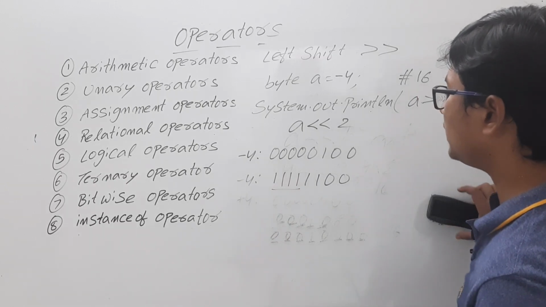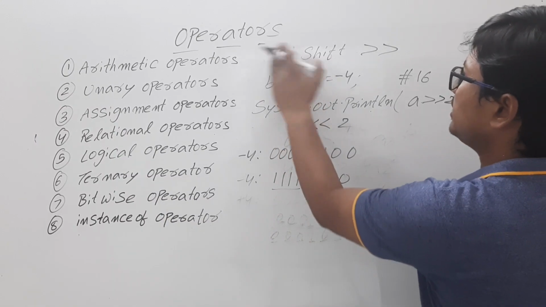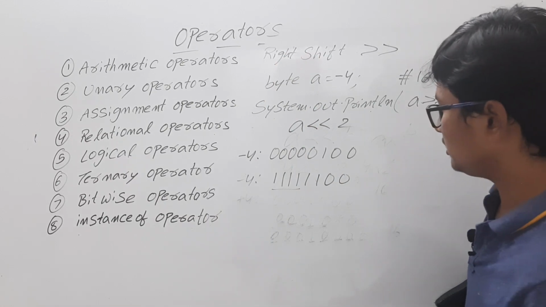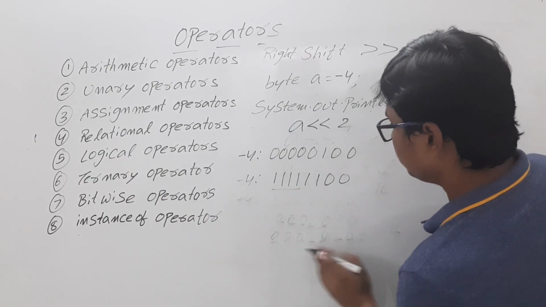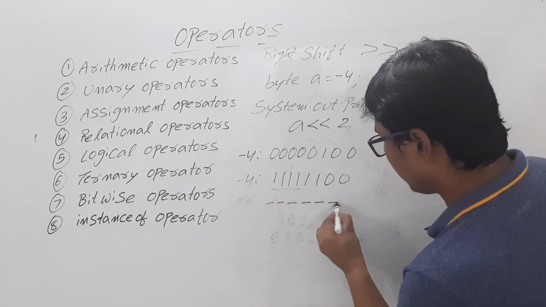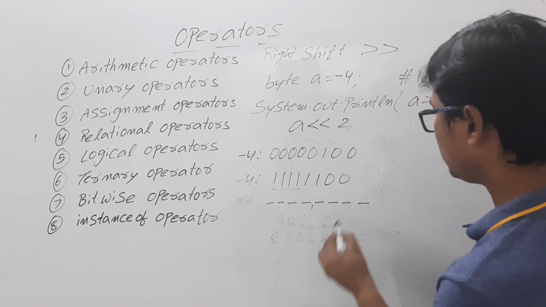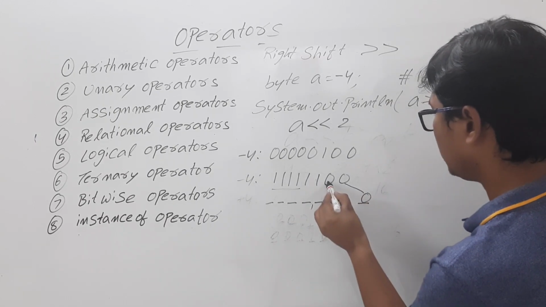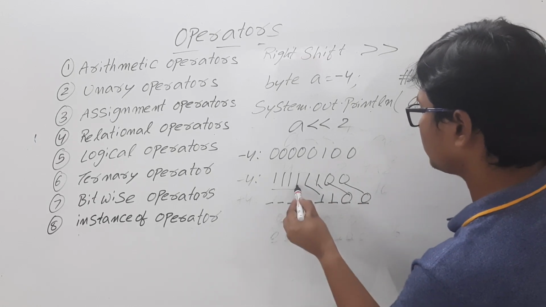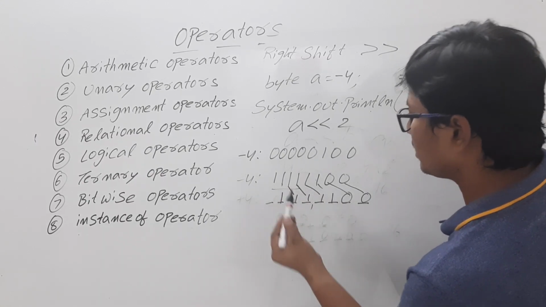Now for this one I need to perform the signed right shift. How we will perform the signed right shift is, you perform the right shift. Now look at here, 8 bits. After performing also you should get 8 bits. This 0 you will get here, this 0 you will get here, this one will come here, this one will come here, this one will come here, this one will come here.